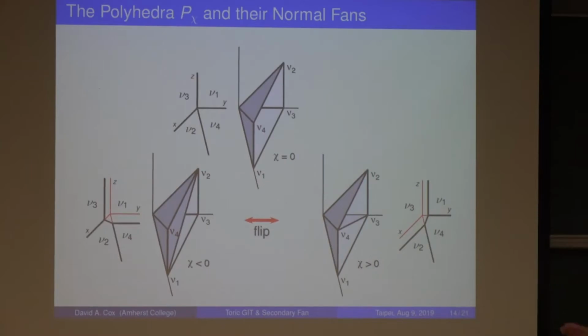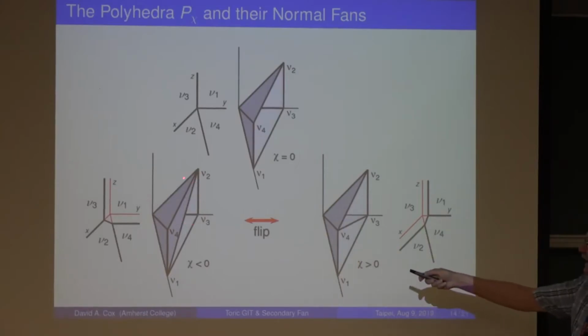Now, if you think back to the first example I did, I took a hexagon and I triangulated it. And we saw the basic thing that happens in a flip on an edge is I take a quadrilateral and I just flip the diagonal. Well, that's exactly what's happening here.